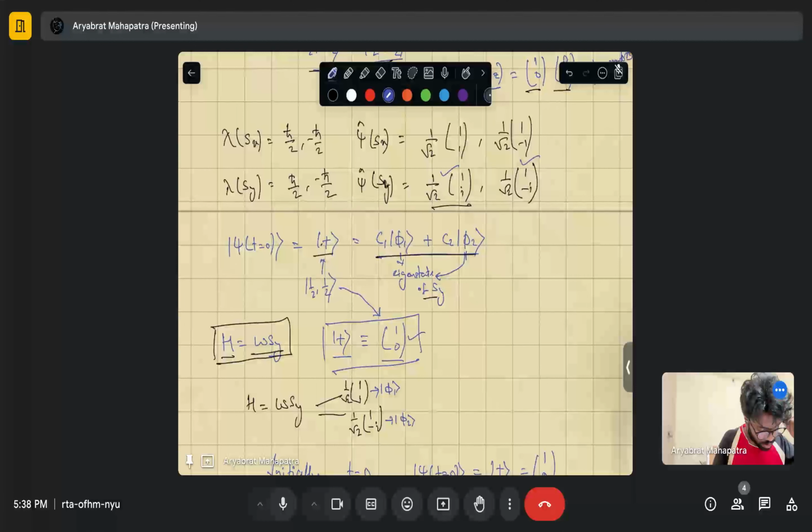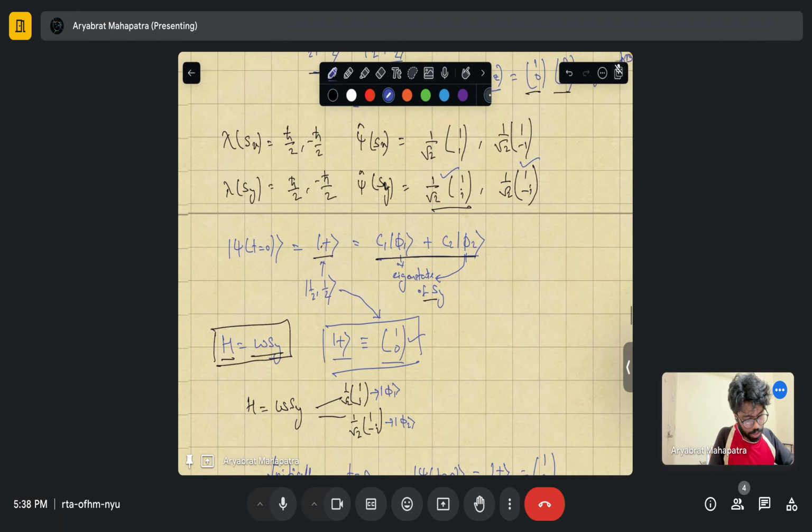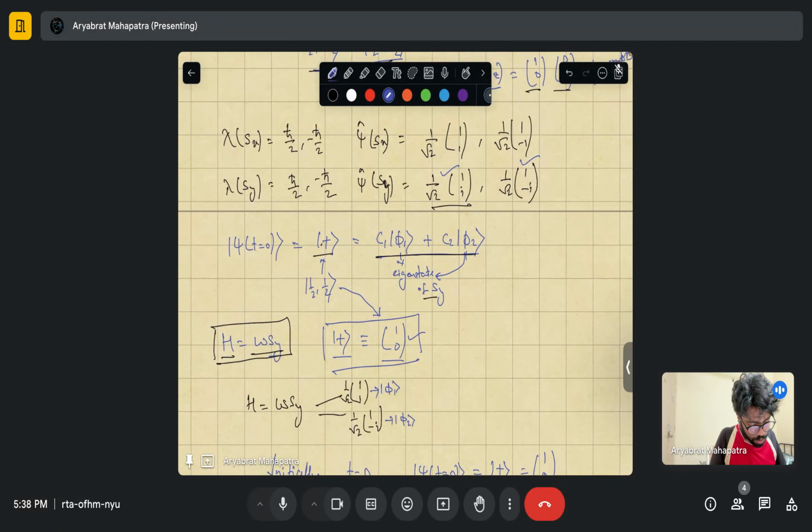Since your Hamiltonian is omega Sy, the E1 and E2 are basically the eigenvalues of Sy. So for Sy, these are h bar by 2 and minus h bar by 2, your eigenvalues.